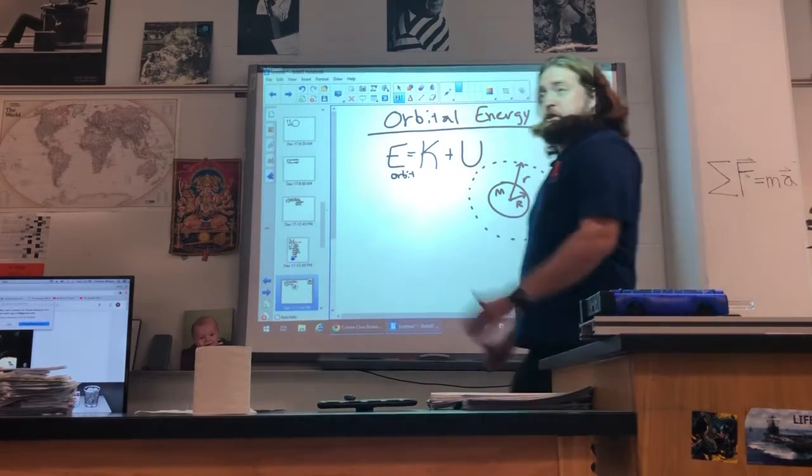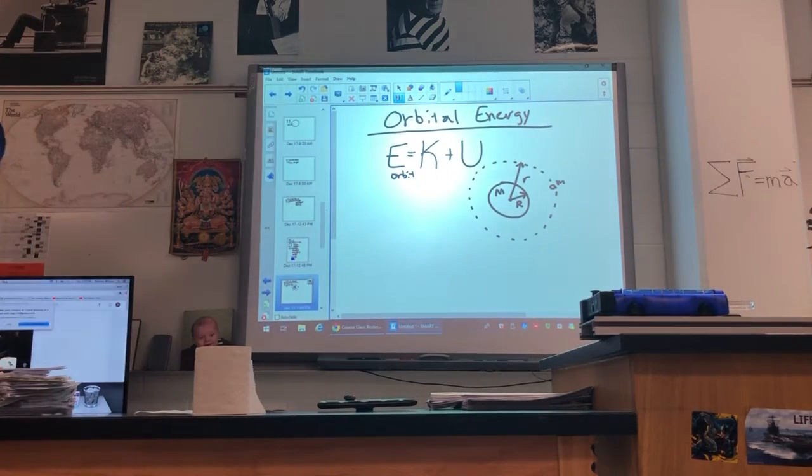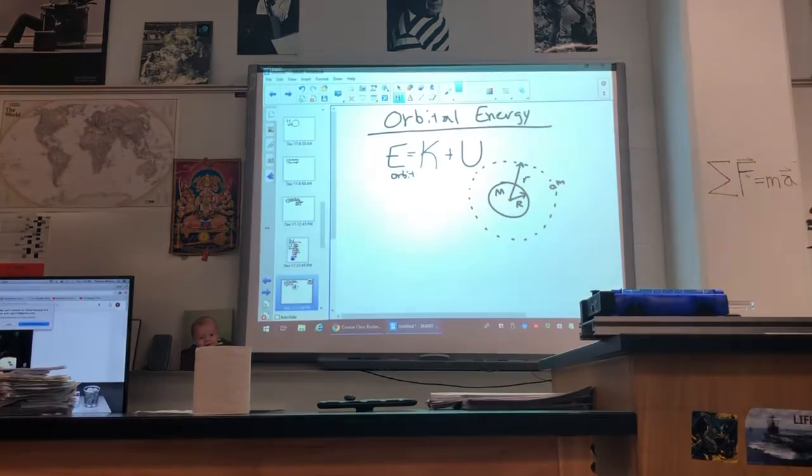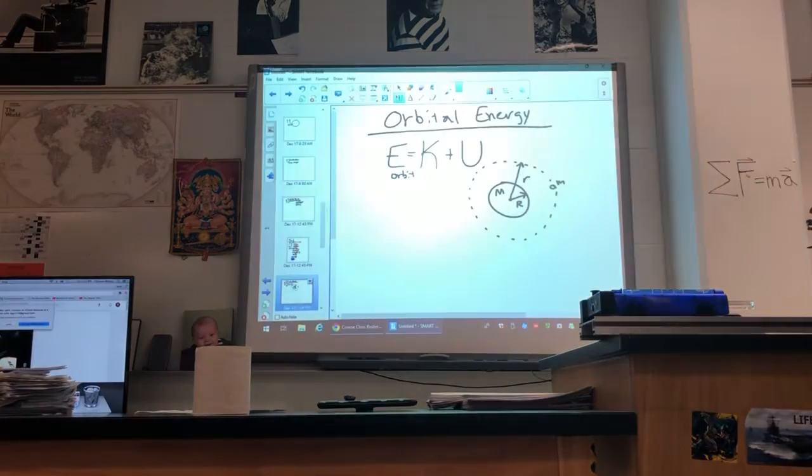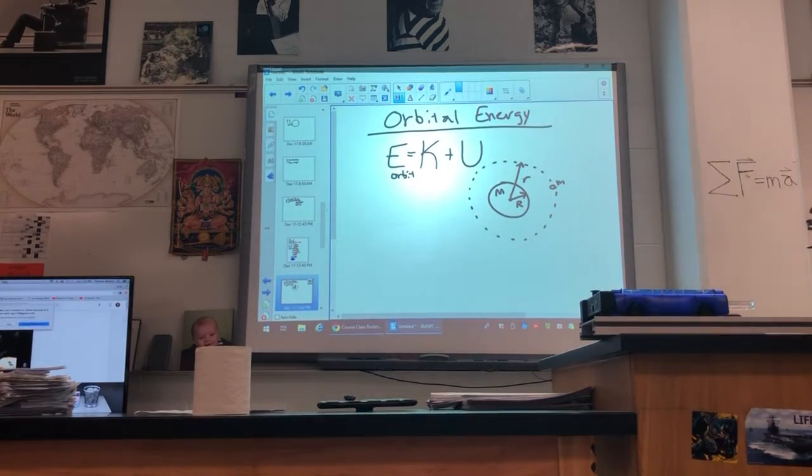What forms of energy would you recognize in this system, including both the masses? Do you have kinetic energy? Yeah, the satellite has it. Do you have potential energy due to gravity? Yes, because of the mutual force between them and the fact that there is a position, and the position is not infinity. So you do have those two forms.